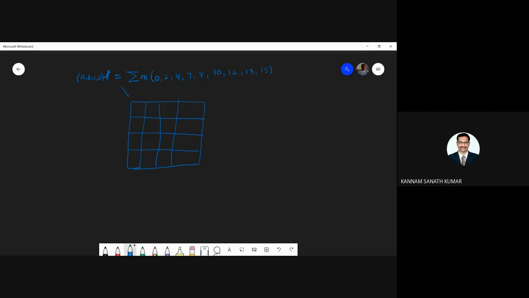So these are the inputs A, B, and C, D: 0 0, 0 1, 1 0, 1 1, 0 0, 0 1, 1 0, 1 1. So this is A bar B bar, A bar B, A B, A B bar, and C bar D bar, C bar D, C D, C D bar.